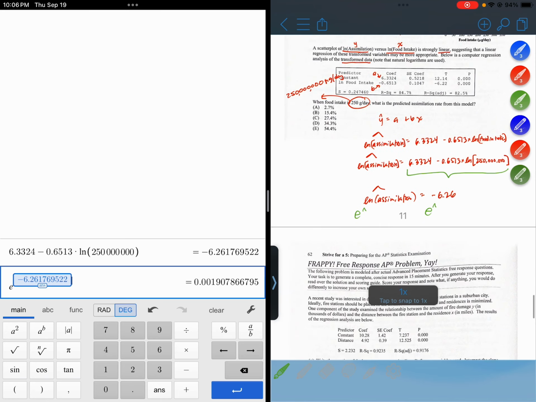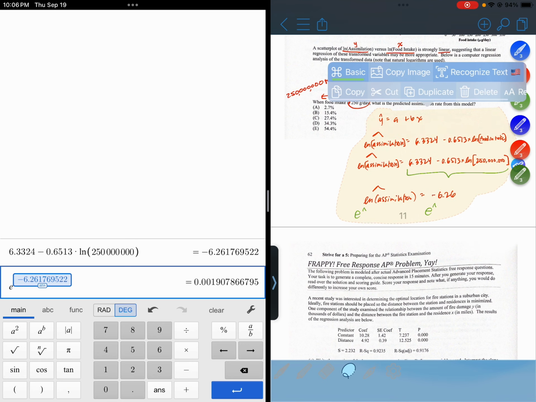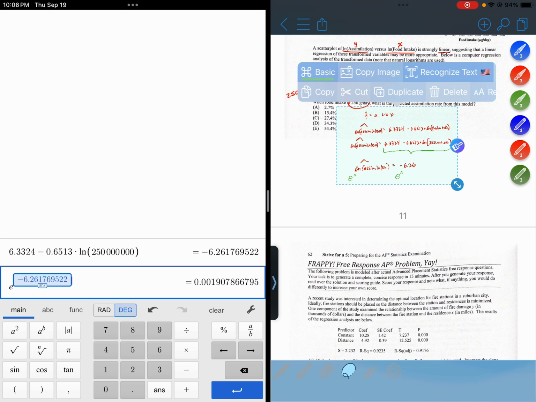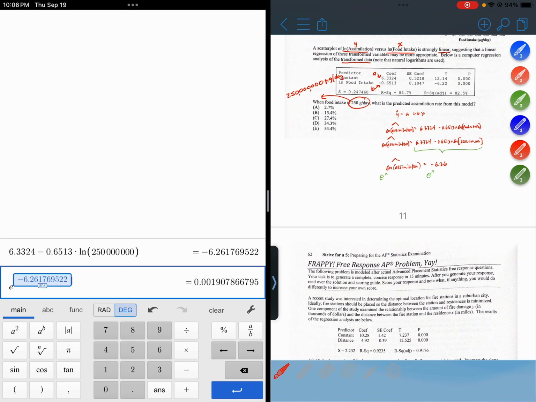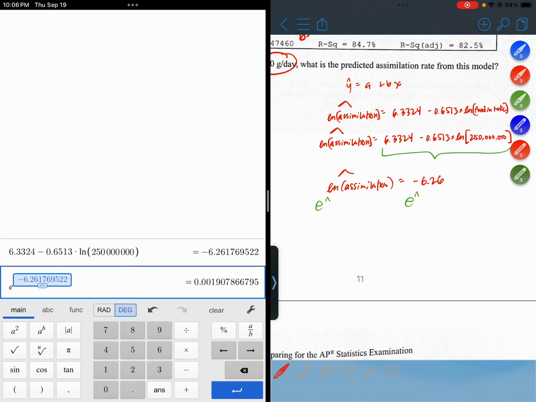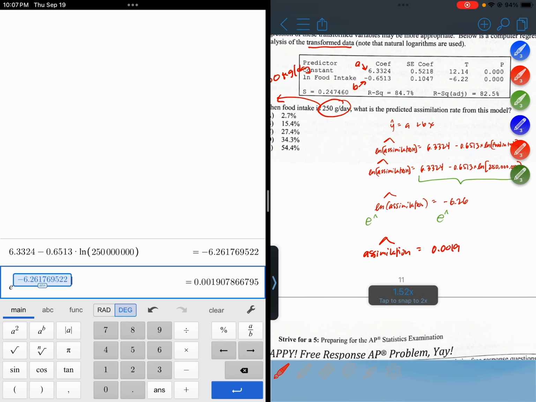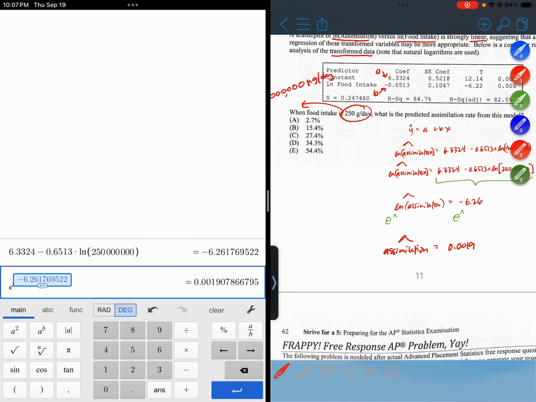We're running out of space here, but let's resize this. That gets us the predicted assimilation equal to 0.0019. I don't see any answer that looks like that.